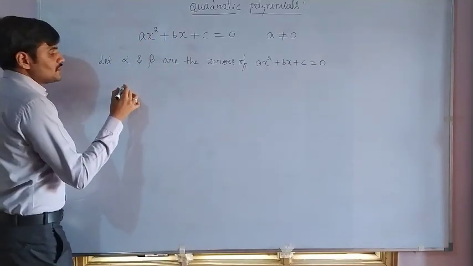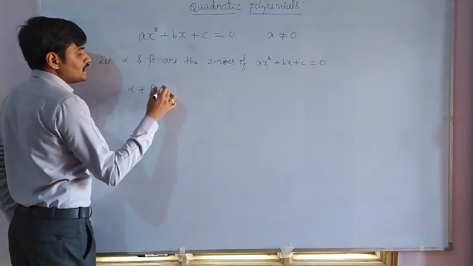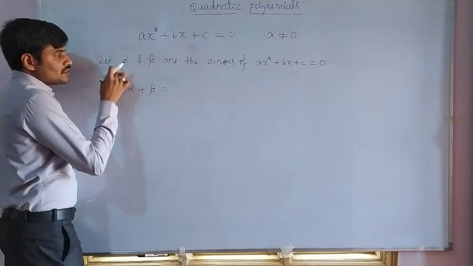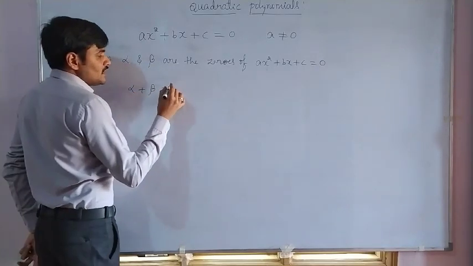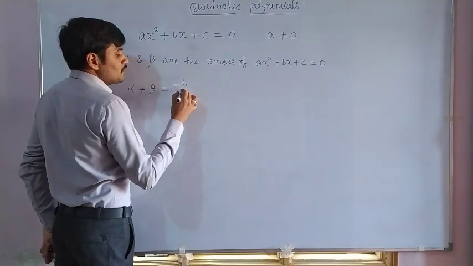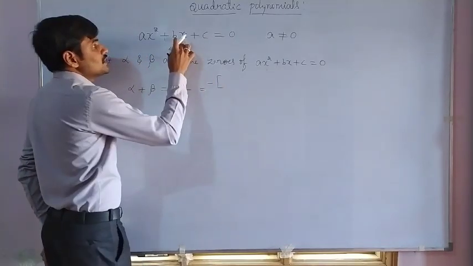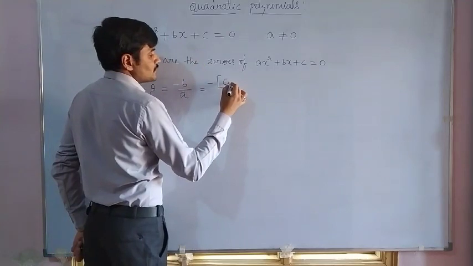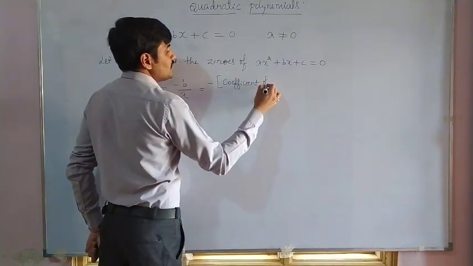Now, the sum of the zeros, that means alpha plus beta, is always equal to minus b by a. Here, b means the coefficient of x.